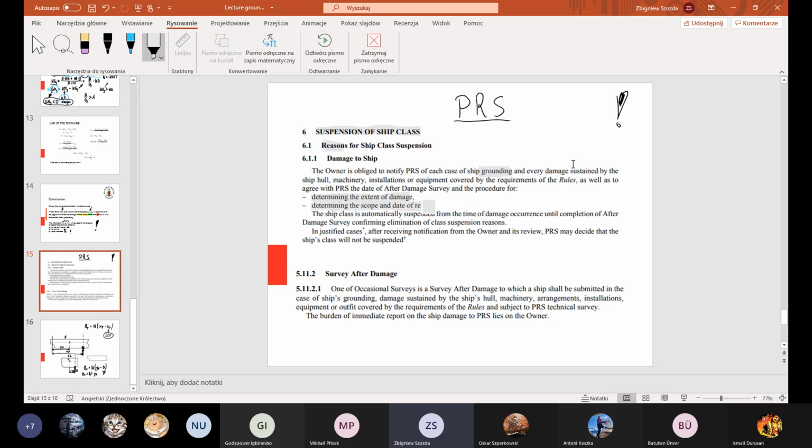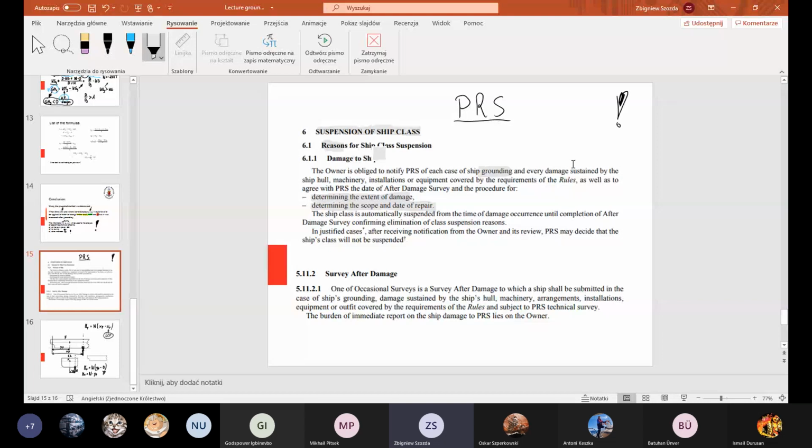Okay, so the ship after grounding loses class. So the certificate of class is not valid after grounding. And this is the issue. This is something I wanted to stress.